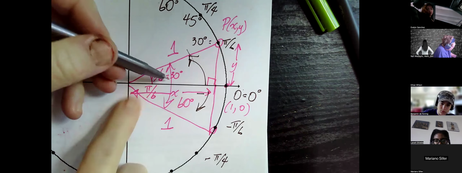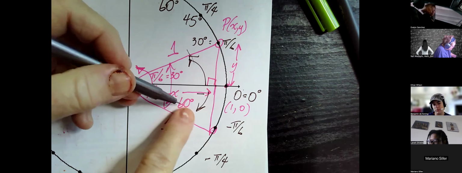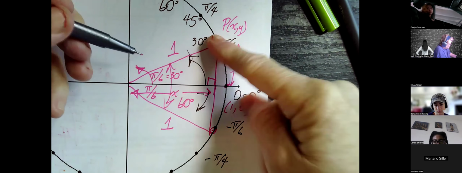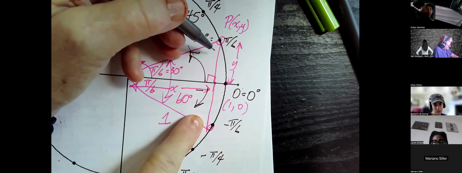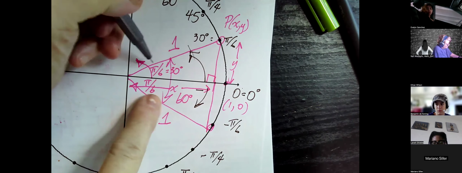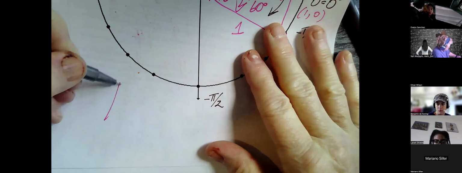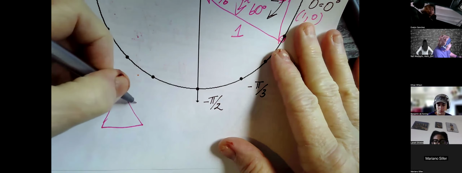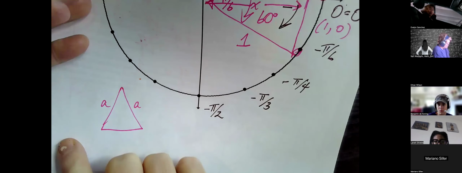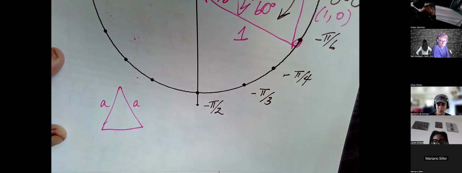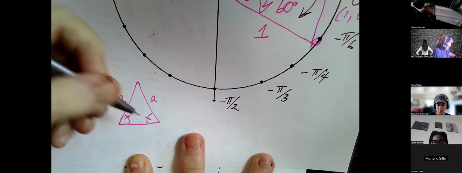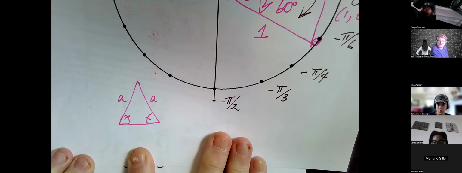So if this angle is 60 and these are both 1, these angles also have to be the same, right? For an isosceles triangle, anytime two of the legs are the same, the corresponding angles below have to be the same.